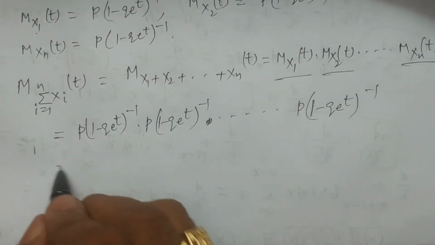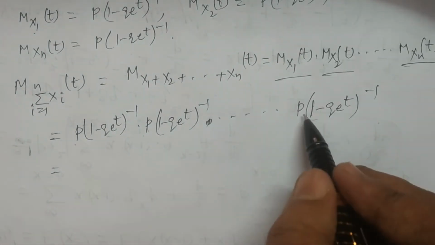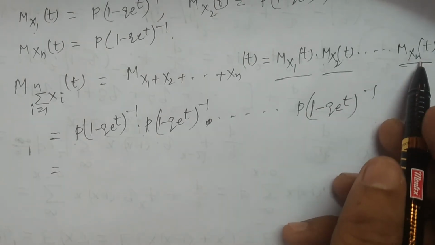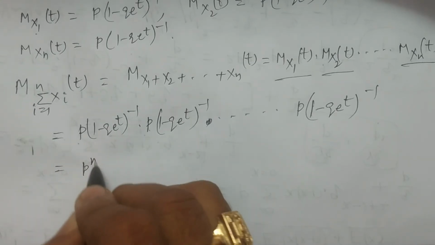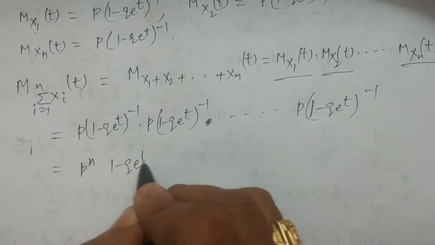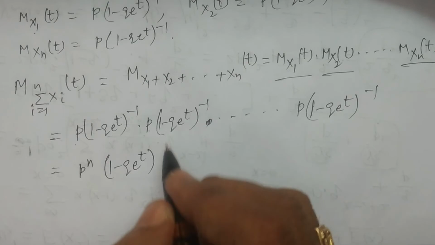Now we combine. How many p's are there? p into p and so on: n p's are there. Hence it is p power n. And how many factors of (1 minus q e^t) are there? Again n, that is, the power is minus n.